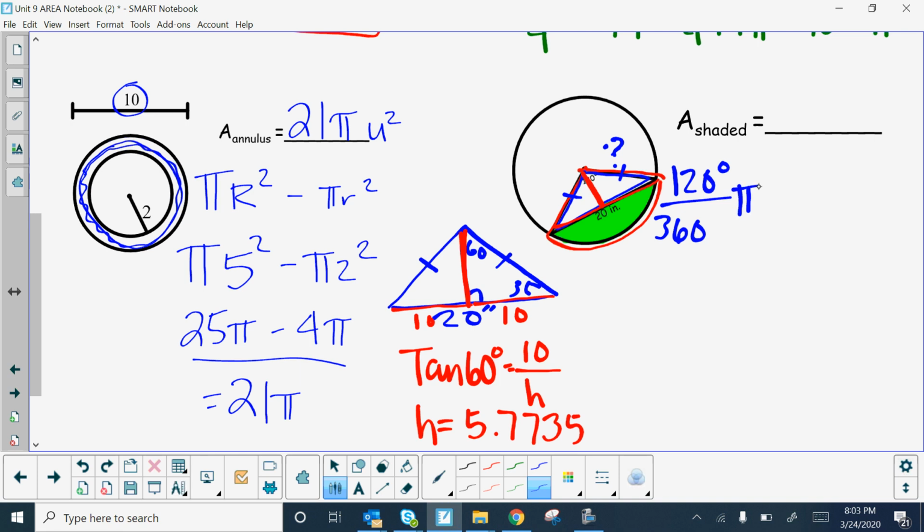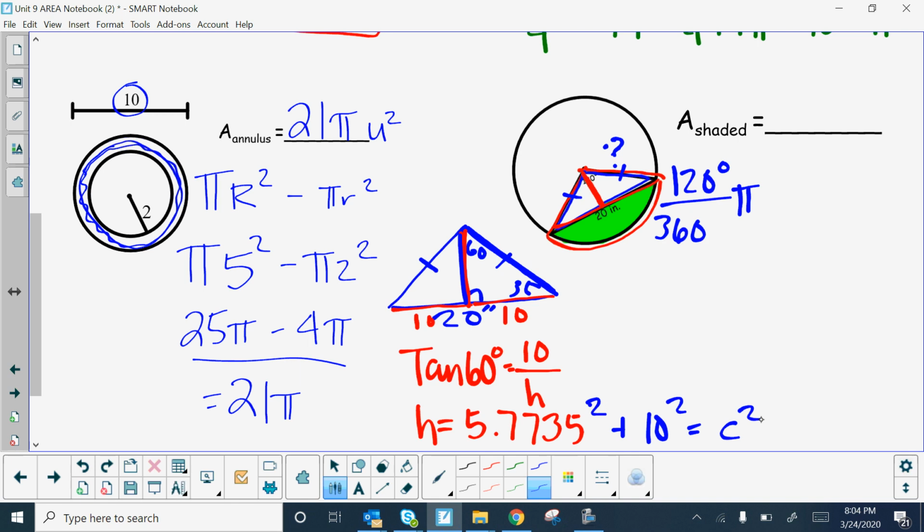I need the radius now. I forgot, that's the main reason why I'm solving this. So this is the height, which was 5.7735. Now I'm going to use that to find the hypotenuse, so I'm going to do the Pythagorean theorem real quick: 5.75 squared plus 10 squared equals c squared.